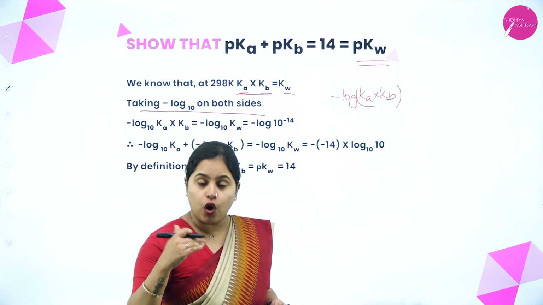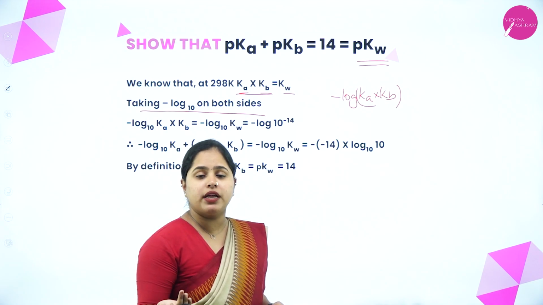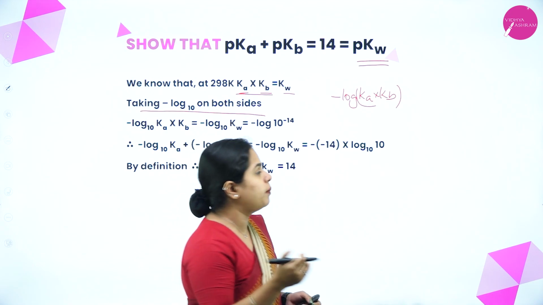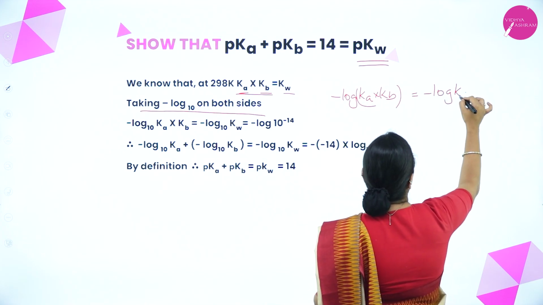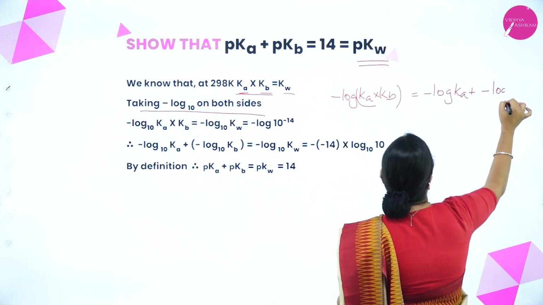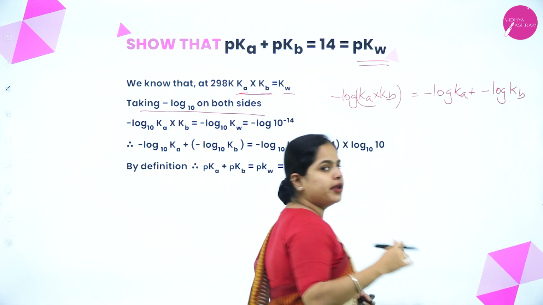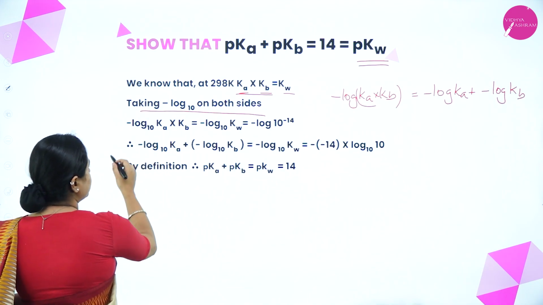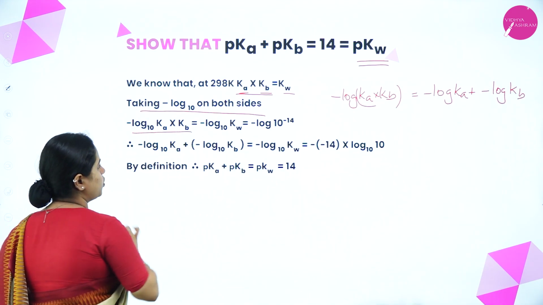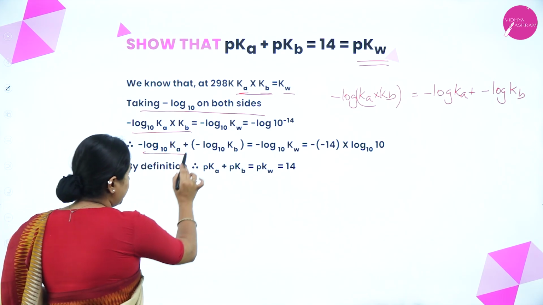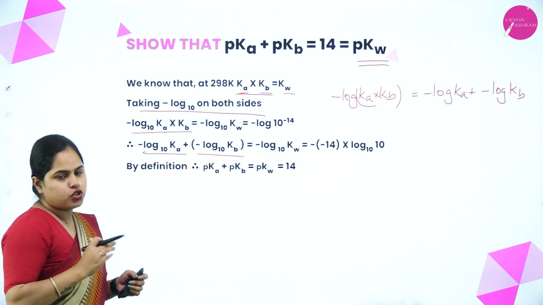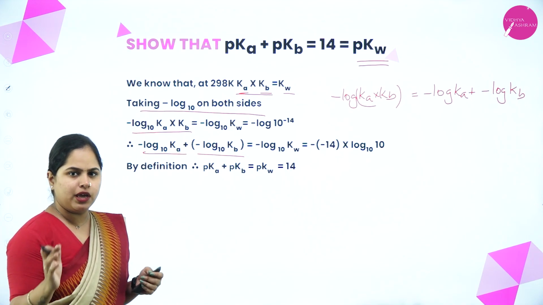So how can you expand it? Log AB is equal to log A plus log B. So it will be minus log Ka plus minus log Kb. That is what is written here, minus log Ka into Kb, which is further written as minus log Ka plus minus log Kb. I hope it is clear.